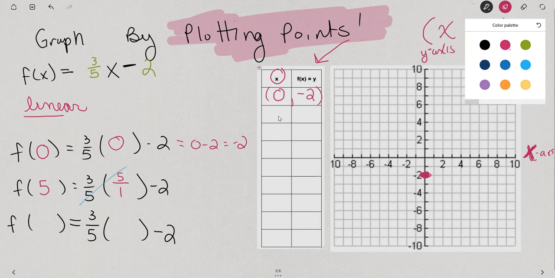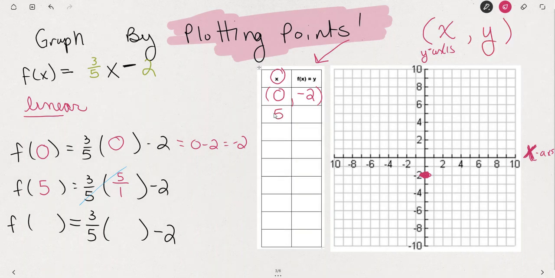But when I put a 5 in for x, I get 3/5 times 5 is 3, and 3 minus 2 is positive 1. So my second ordered pair is going to be x equals 5, y equals 1. So it'll be right here.